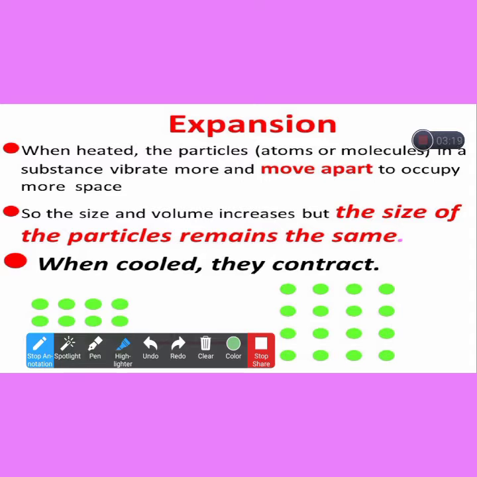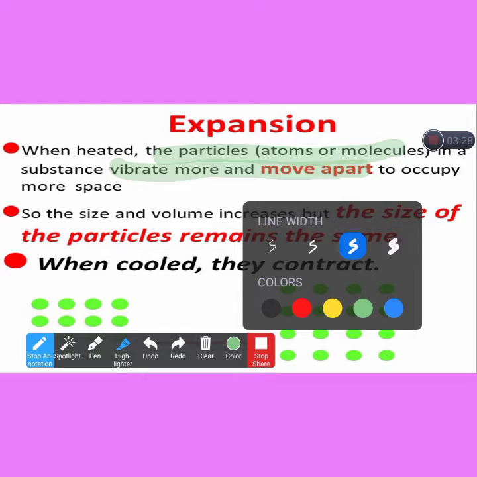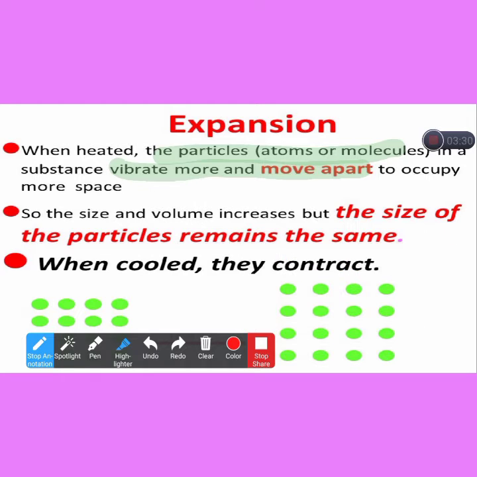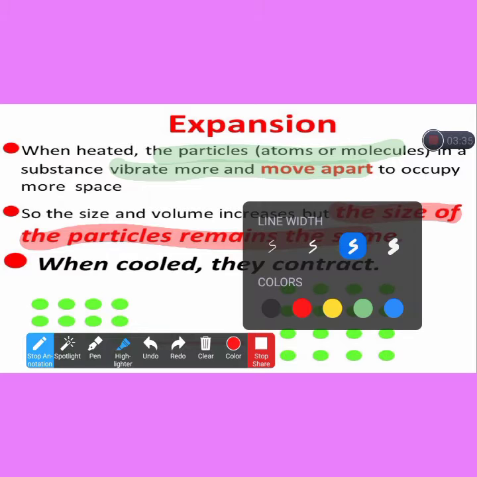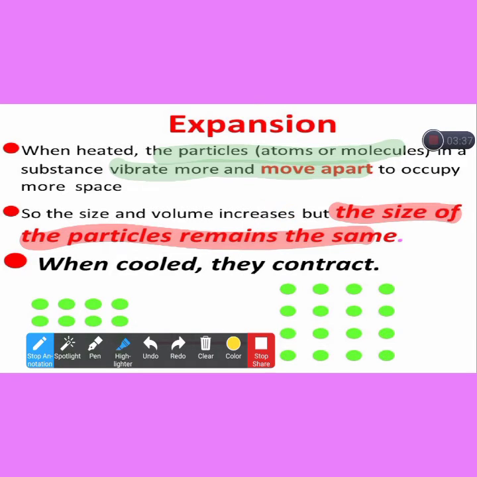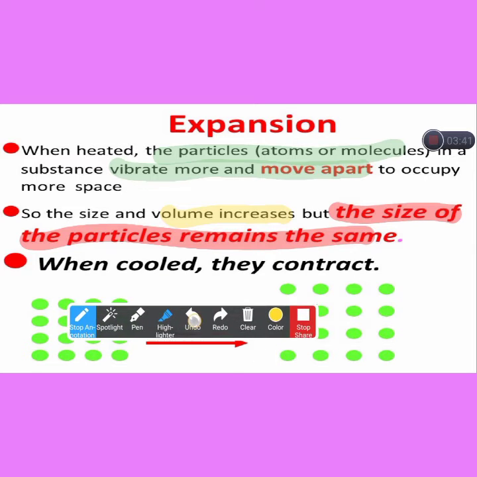When heated, the particles, atoms and molecules in a substance vibrate more and move apart. The size of the particles remains the same, but the volume increases. When cooled, they contract.